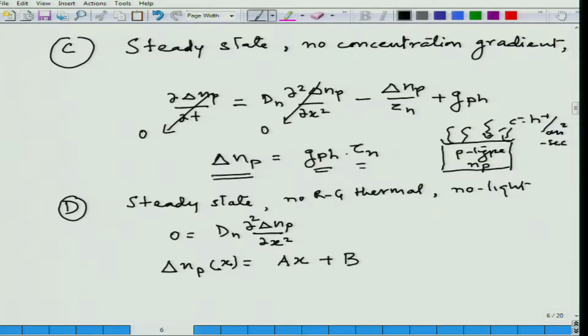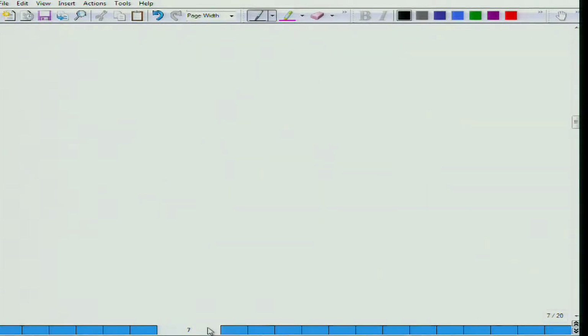So, at this point let me summarize all the equations that we have learned so far. We looked at all the processes that are happening in the semiconductor, and we say, well, we cannot destroy or create carriers, and hence you must have a continuity equation, and I write it for both types of carriers, because in semiconductors the overall current is the addition of current due to electrons and holes.